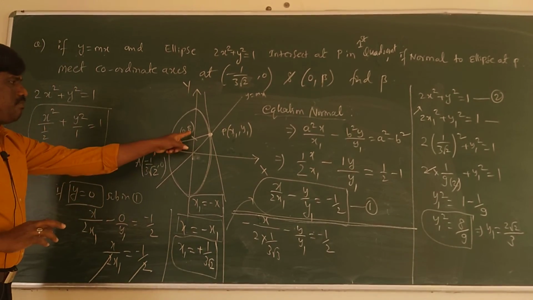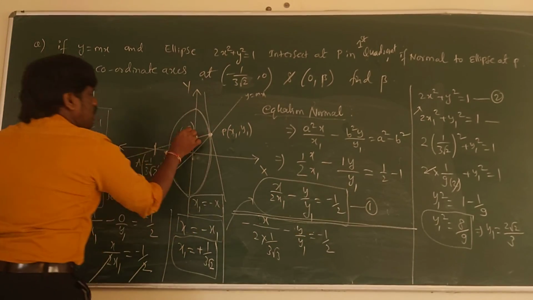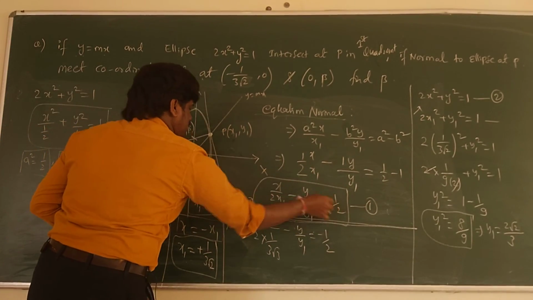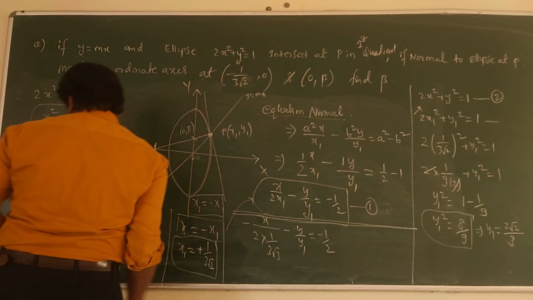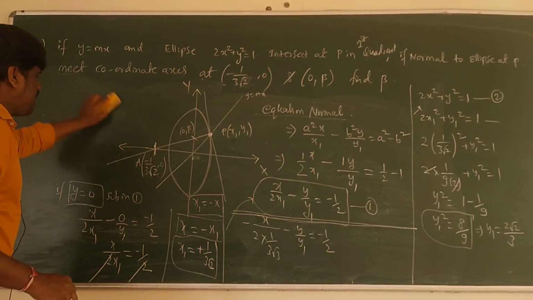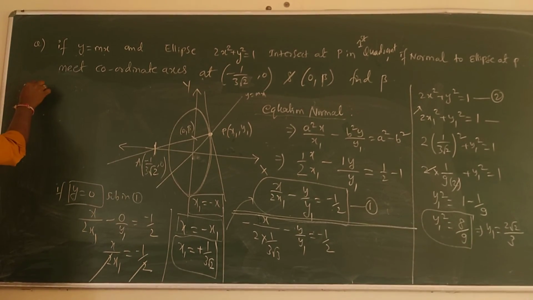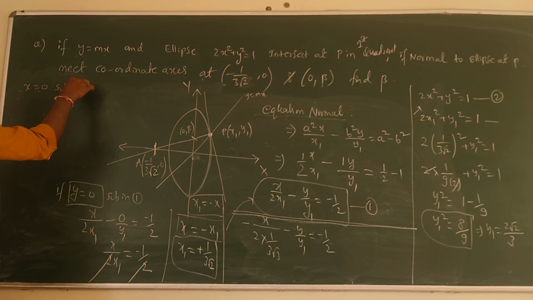Now I want to find the beta value. So if I substitute y is equal to 0 in this, x is equal to 0 in this normal, I am going to get the beta value, right? Actually, this normal is intersecting the x-axis and y-axis. So now what I am going to do here, x is equal to 0, substitute in the first equation.